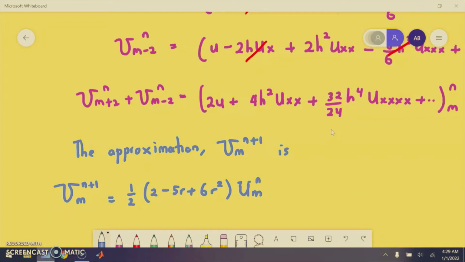Okay, and then we have plus 2 over 3 r (2 minus 3r).